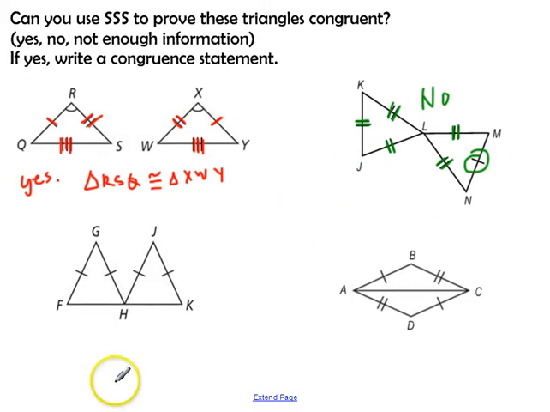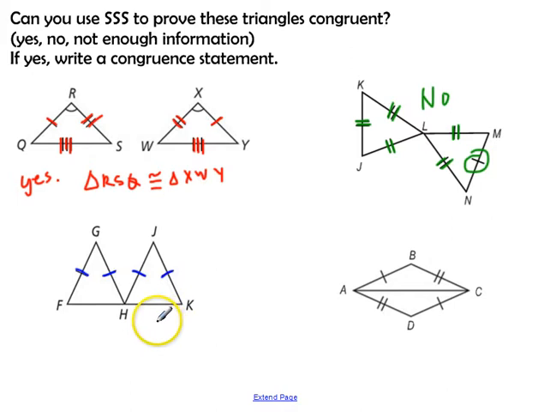Let's look at this next pair down here. Now it looks promising because this side is congruent to this one and this one is congruent to this one. So far so good. And the pictures honestly look like they're congruent. They look like isosceles triangles where the bases are the same length. However, and this is really important, so you need to listen carefully, if these third sides do not have markings, you cannot add them.